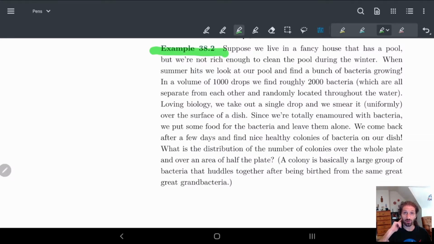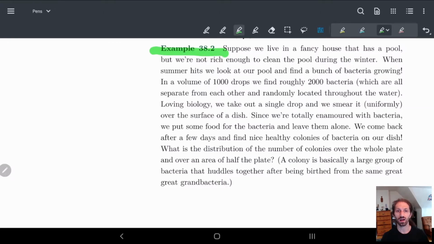Now, we have a big fancy house, we have a pool, and we have bacteria. So obviously we love biology. So rather than throwing chlorine in there and trying to kill all the bacteria, we're going to actually grab some of that. We're going to take a single drop and smear it uniformly on the surface of a little petri dish.